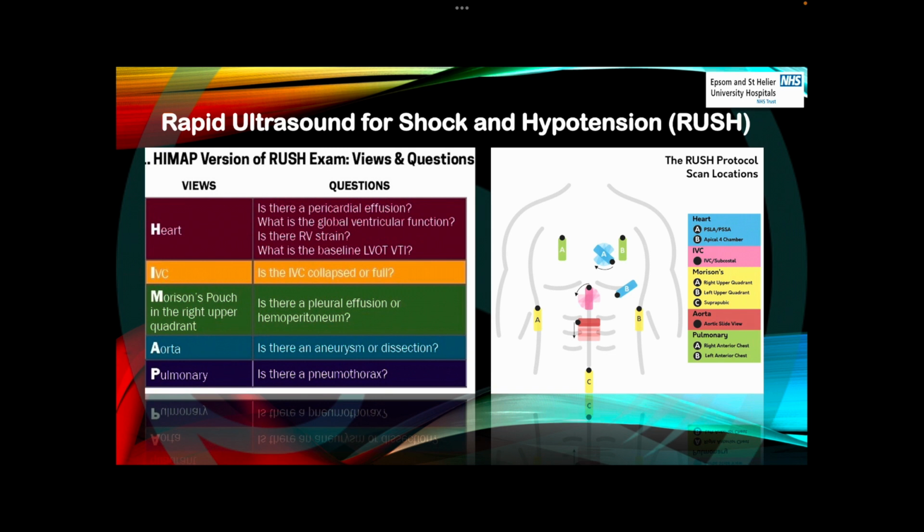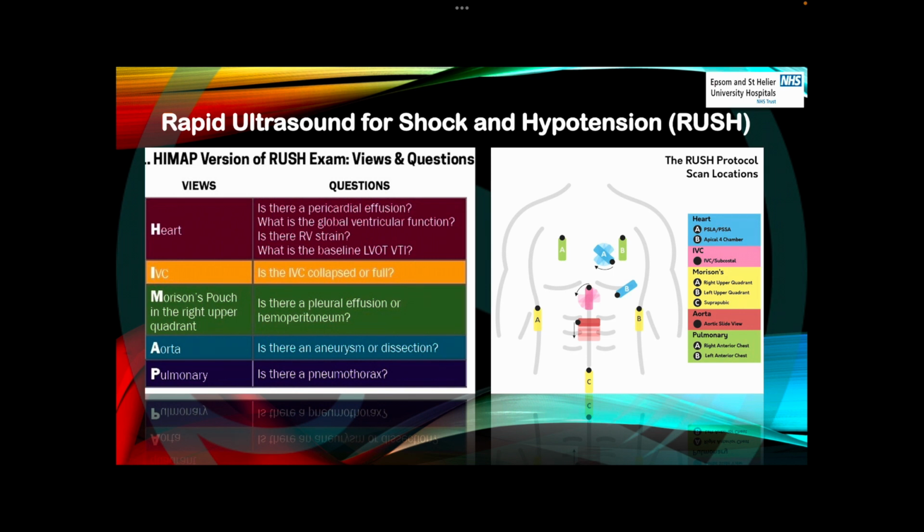Okay, so this is the high-yield summary of the RUSH examination. These are if there are any findings in the heart, if there is any pericardial effusion. What is the global ventricular function? If there is any RV strain? If there is any abnormality in the left ventricle.